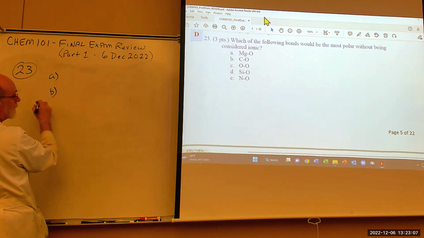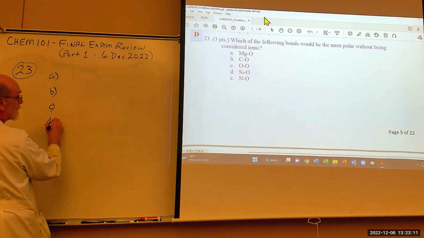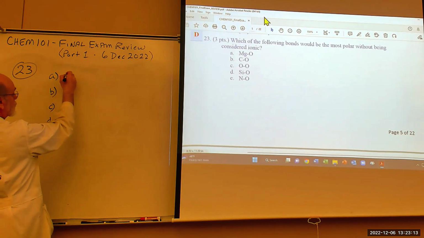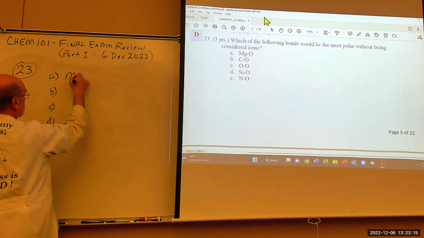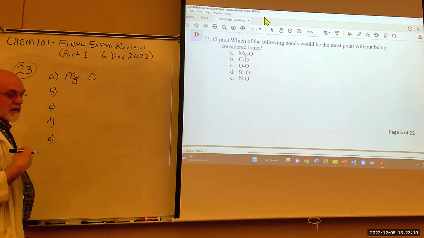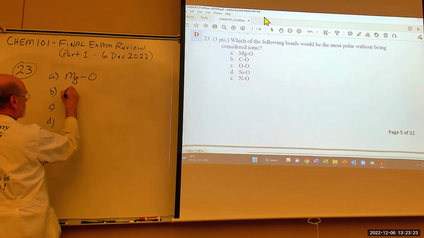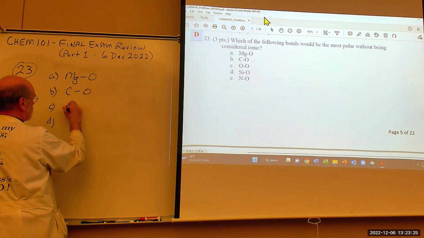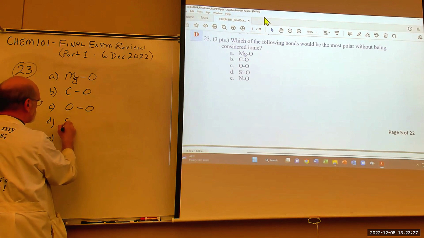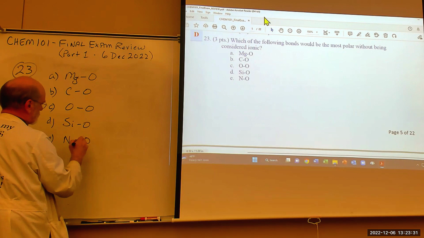I think that's probably best in this case. C, D, E. Okay, so we got a bond here, and we're not saying that these are compounds. We're just focusing on the bond itself. Oxygen, oxygen, silicon, oxygen, nitrogen, oxygen.